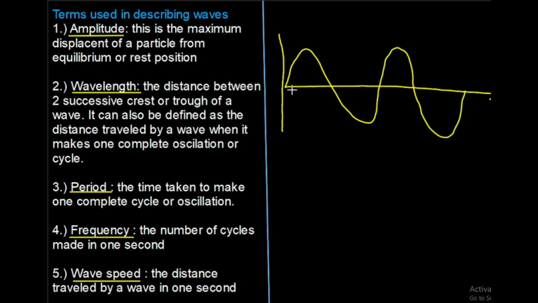So this is what our transverse wave looks like. Let's talk about each term one after the other. The amplitude first is the maximum displacement of a particle from equilibrium or rest position.